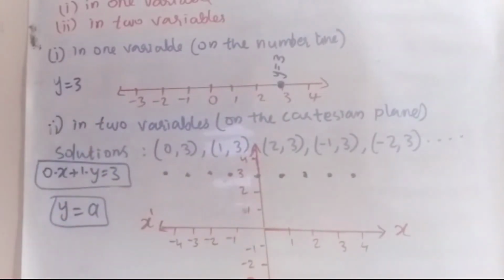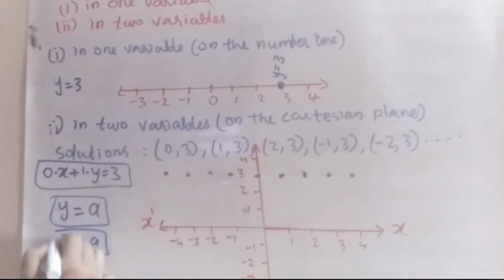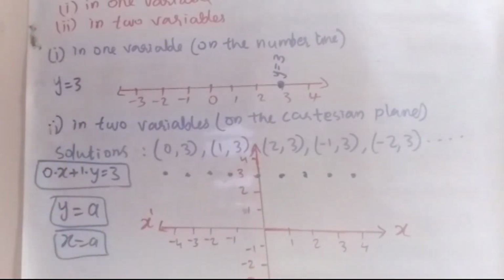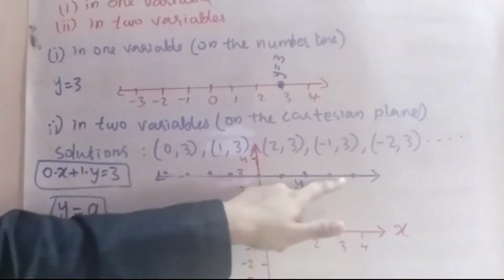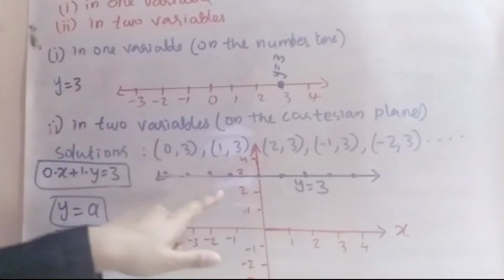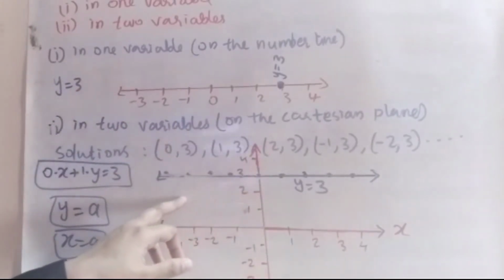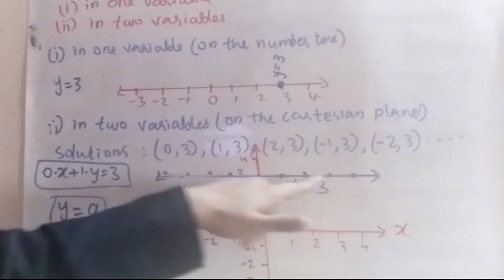Before, we discussed x equal to a. If the graph is x equal to a, it is a straight line parallel to the y-axis. That we already learned. So let's join these points. This straight line is the graph of the equation y is equal to 3 on the Cartesian plane, or in two variable form.